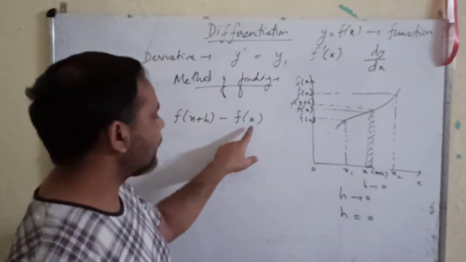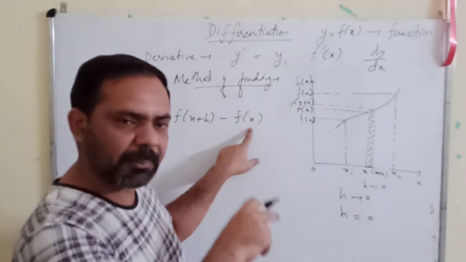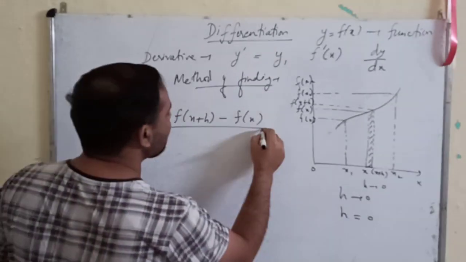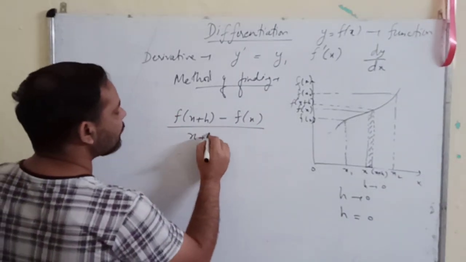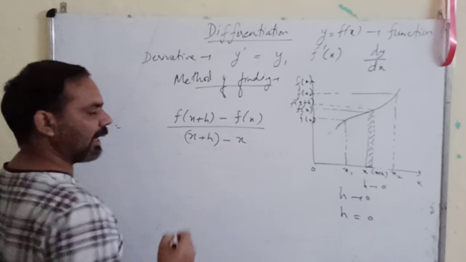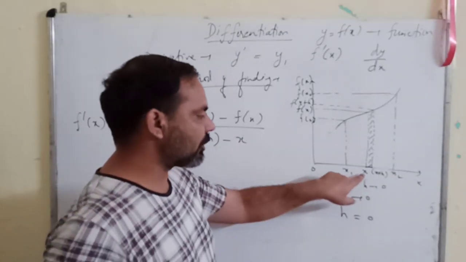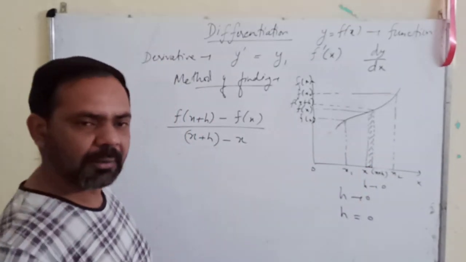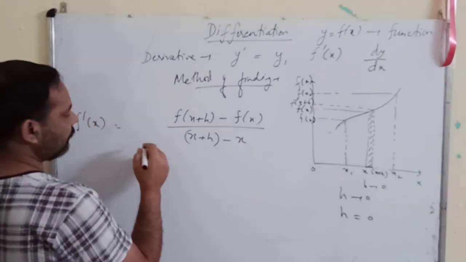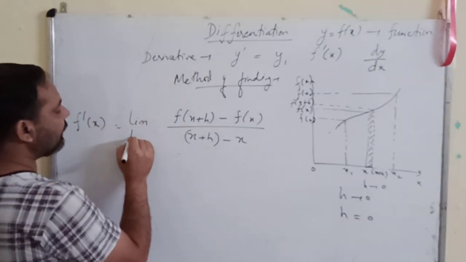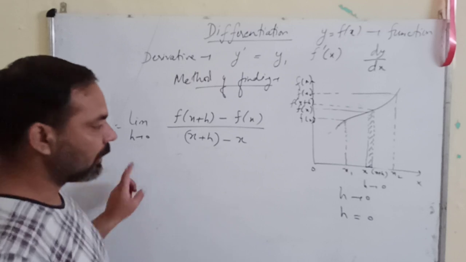So f(x plus h) minus f(x) is the change in image. And what is the change in pre-image? It is x plus h minus x. Now, what is the condition? Limit h tends to 0.